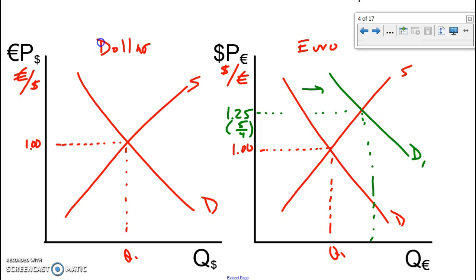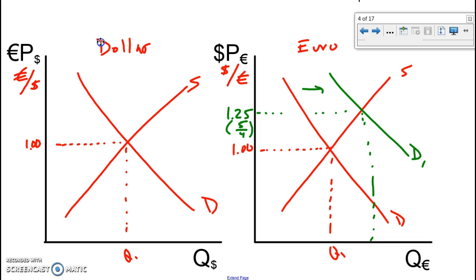Okay, so what's going to happen on the graph on the left? Well, it can't possibly stay the same, because if it costs $1.25 to buy a euro, then you can't possibly buy a euro for $1. So something has to happen over here. And if one of the currencies appreciates, the other currency must necessarily depreciate.